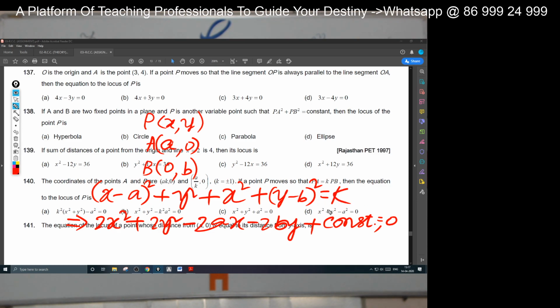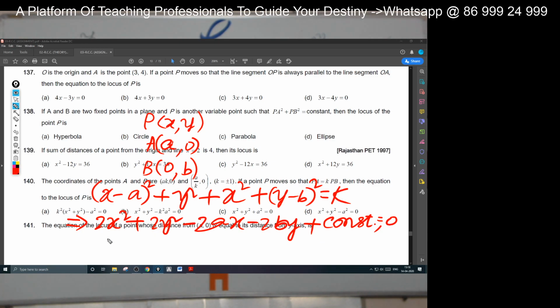Can anyone do it? Try to tell me which geometrical figure this equation represents. Anyone? Because in yesterday's class I discussed totally the conditions for different geometrical figures. Anyone please respond.